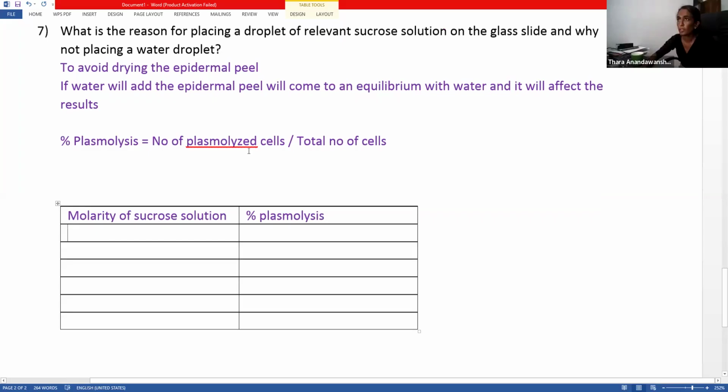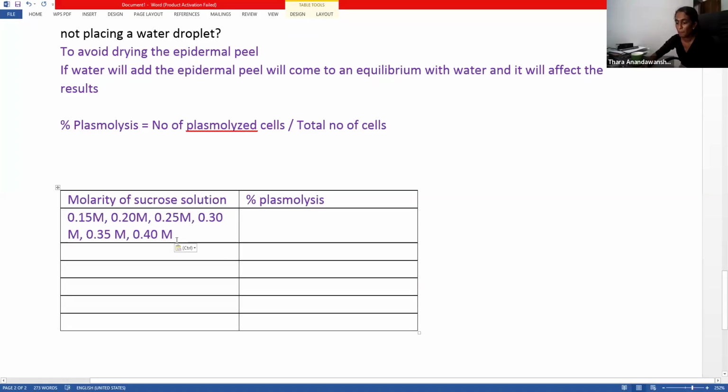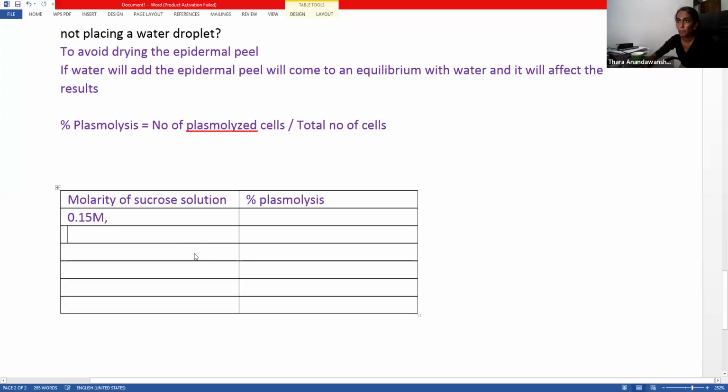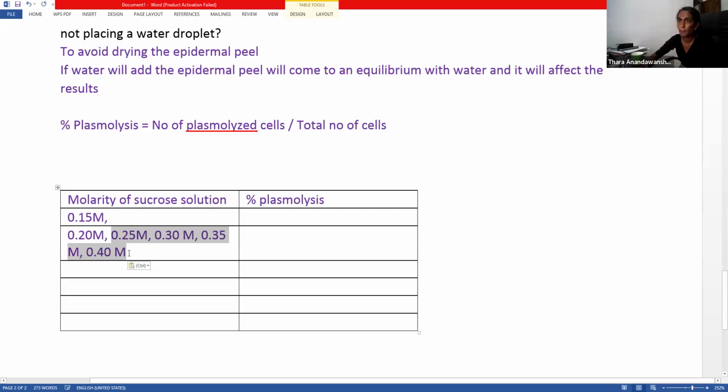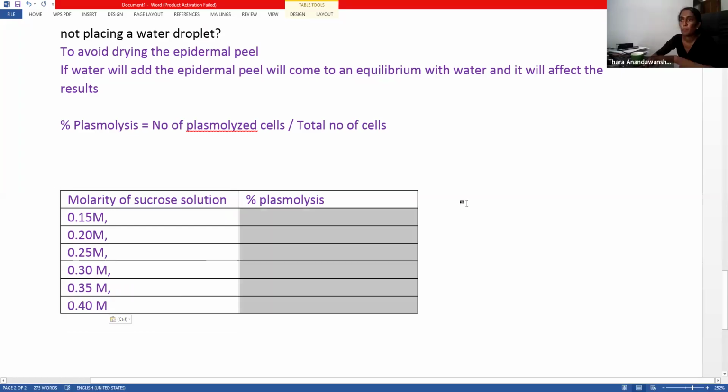The given values were 0.15, 0.20, 0.25, 0.30, 0.35, 0.40, which should come here. Then you have to write the percentage plasmolysis here.